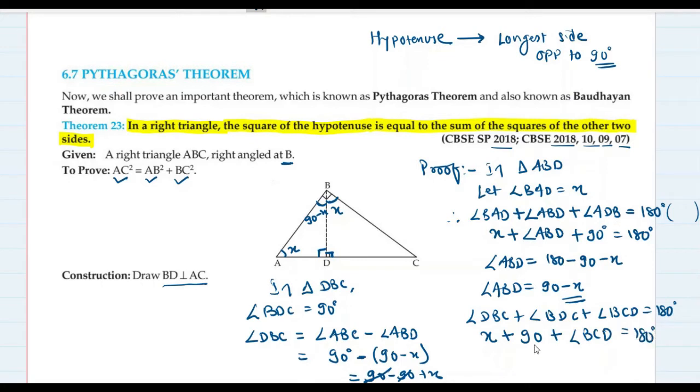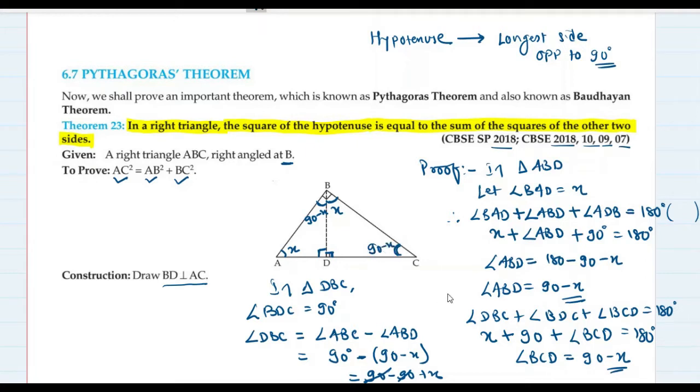We don't know. So angle BCD is equal to, now if you subtract 90 and x from 180, what do you get? So 180 minus 90 minus x, you get 90 minus x. So you get this angle, angle BCD, also as 90 minus x.